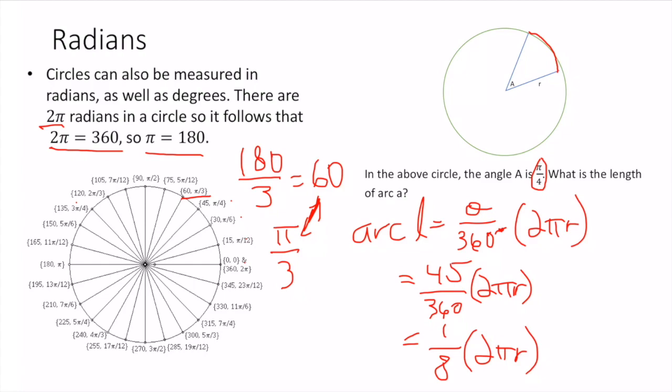It doesn't tell me what r is, and I have no way of finding out. So this is just 2 pi r over 8. Sorry, I can just reduce to pi times r over 4. There's nothing more I can do here, so I'm done.